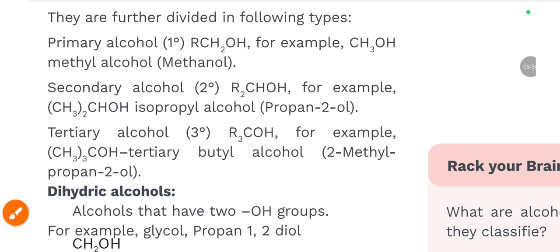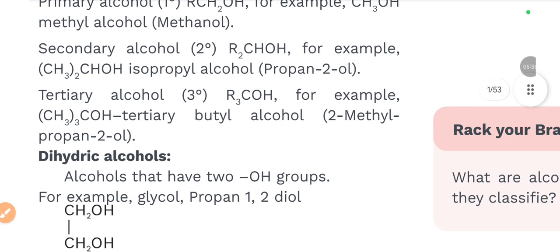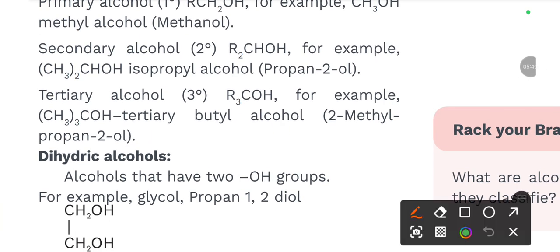Moving to secondary alcohols. Similarly, if we study secondary alcohols, in secondary alcohol the carbon to which OH, the hydroxyl group, is attached is further attached to two carbons. For example, I am drawing the structure. This is carbon.